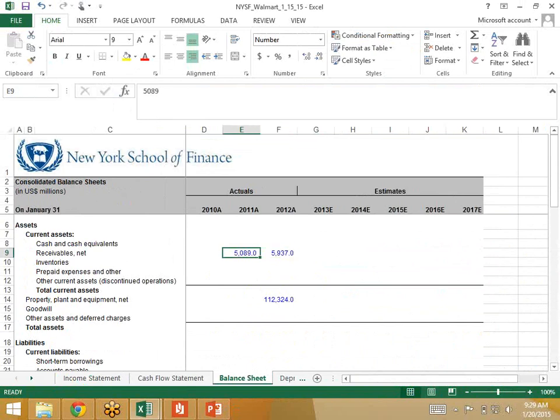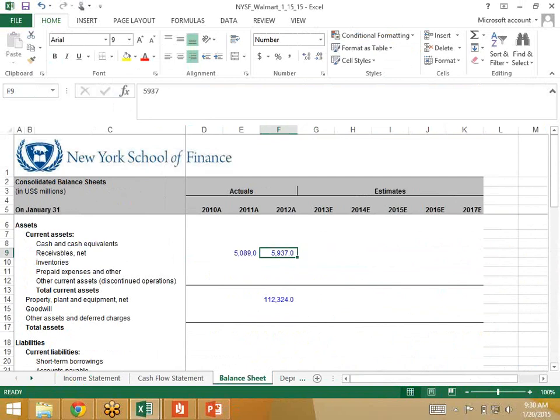Their receivables that were yet to be collected were 5,089 in 2011, and that increased to 5,937 in 2012. Nobody knows what's happened in the interim. That's the problem with balance sheet items. They could have collected $5 billion and generated $5 billion more. This could have popped up to $10 billion and then they collected $5 billion. Nobody knows what happened in the interim. This is just what's been outstanding at the end.